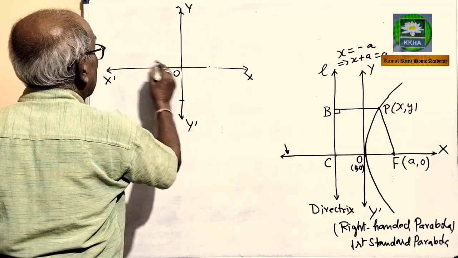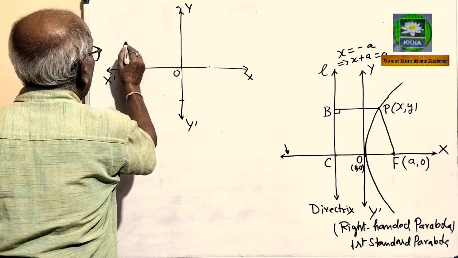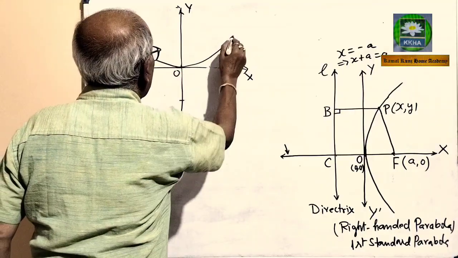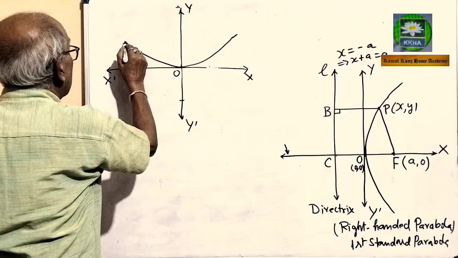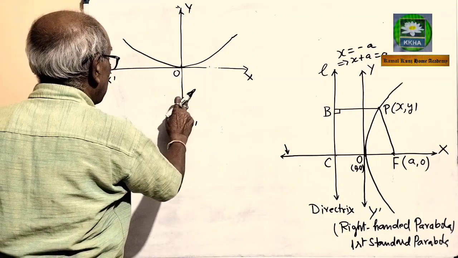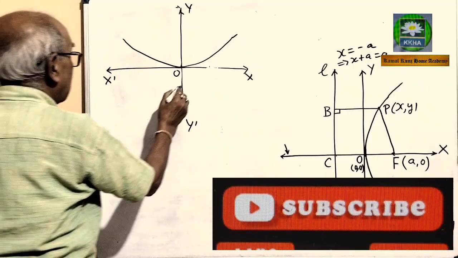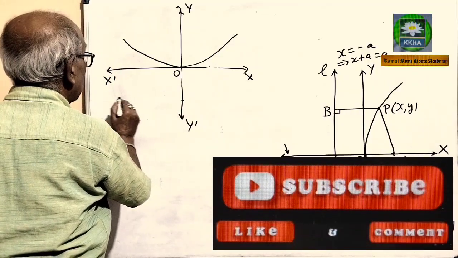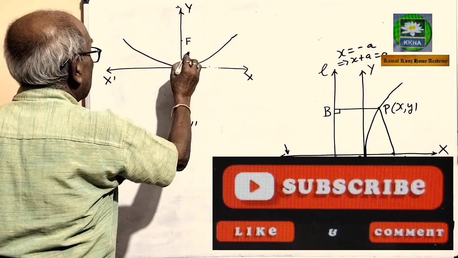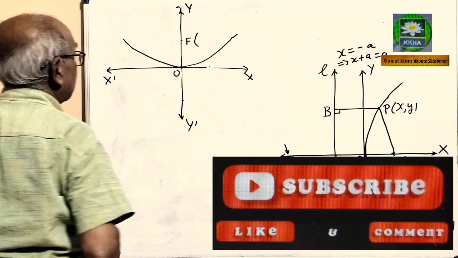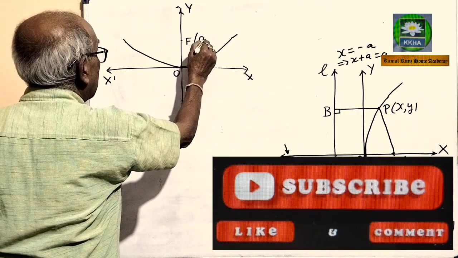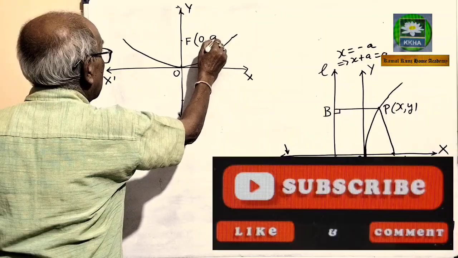So this will be upward parabola. Suppose this is the focus. Here focus point will be (0, a).